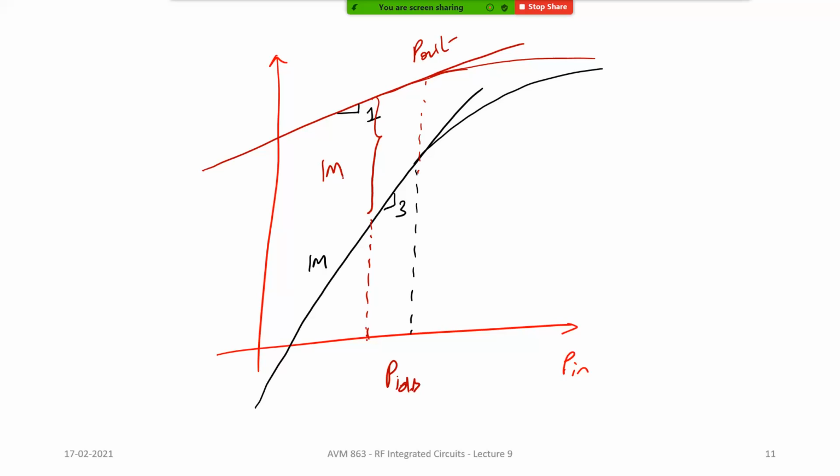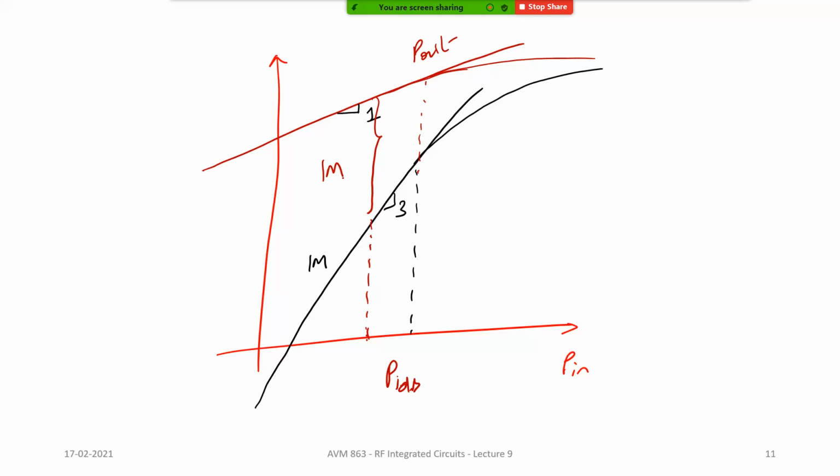Now there is a way to define another dynamic range parameter, which says that I will allow my intermodulation components to grow till they become equal in power to my noise floor. So this is another definition. Different people will come up with different definitions, but this is another one.